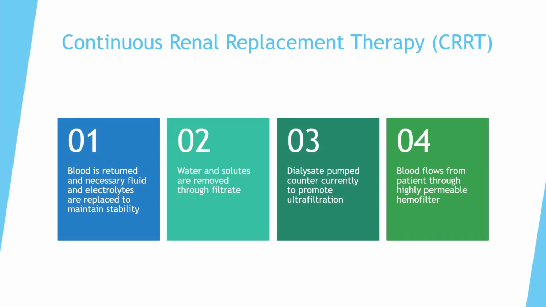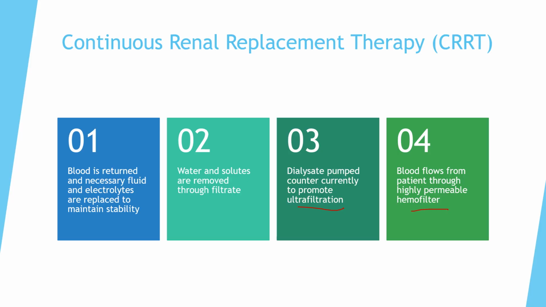So in CRRT, blood is pulled out, and the necessary fluid and electrolytes are replaced to maintain stability. We can remove water and solutes very, very gently. It also uses ultrafiltration, osmosis, and diffusion.